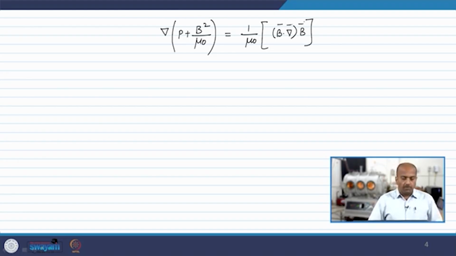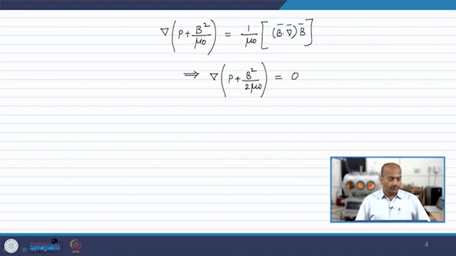So, if we expect the B not to be changing spatially, or when it is very small, we can simply write the derivative on the right hand side to be 0. We can write gradient of this P plus B square by 2 mu naught is equals to 0.